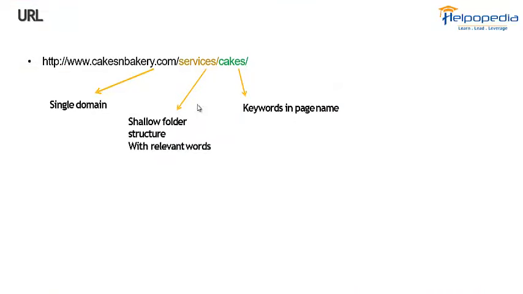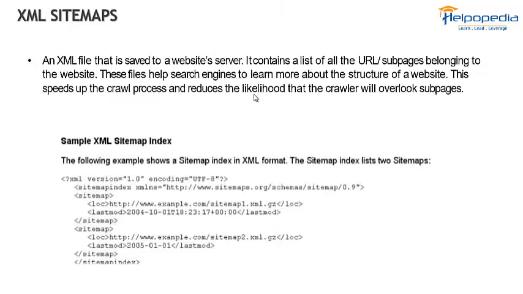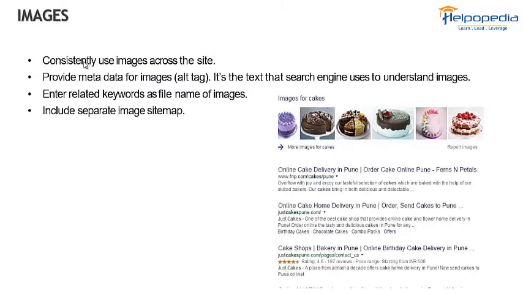Then the sitemap, we have already seen all the files. Then images, we have seen that we need to rename all the images before uploading them to the site and using them on the page, so that whenever we provide the names, they will come up in search engines.